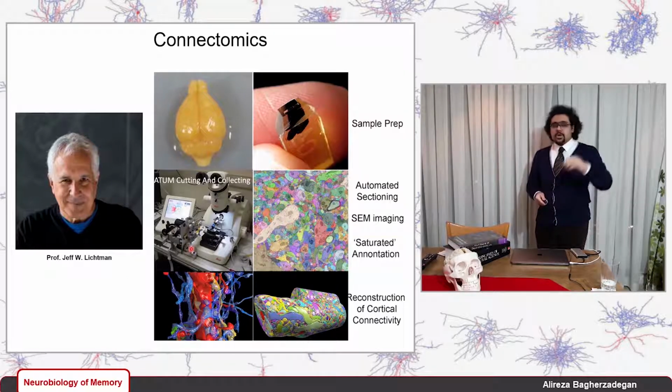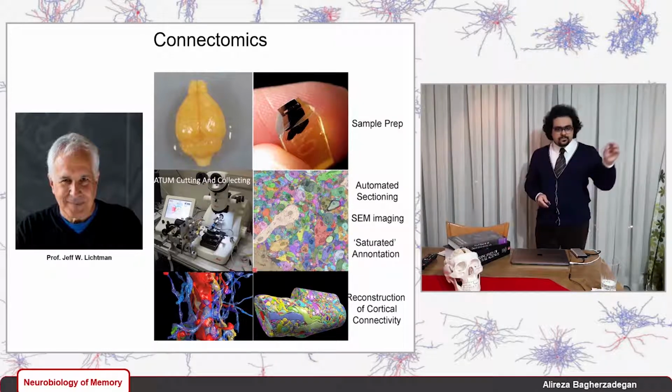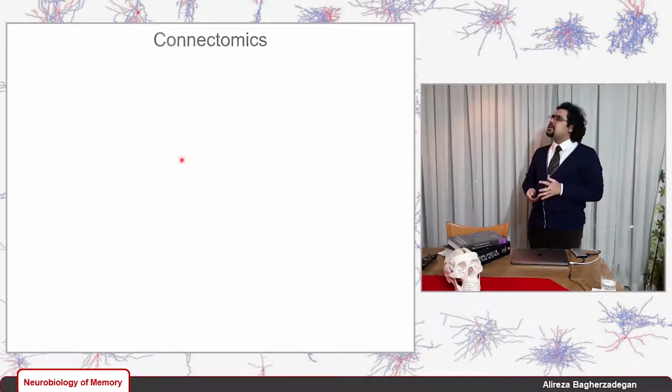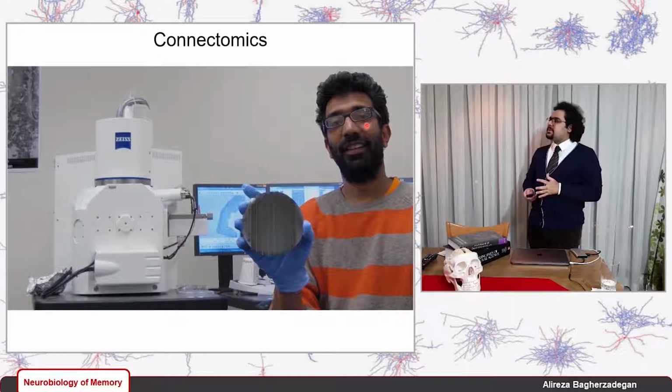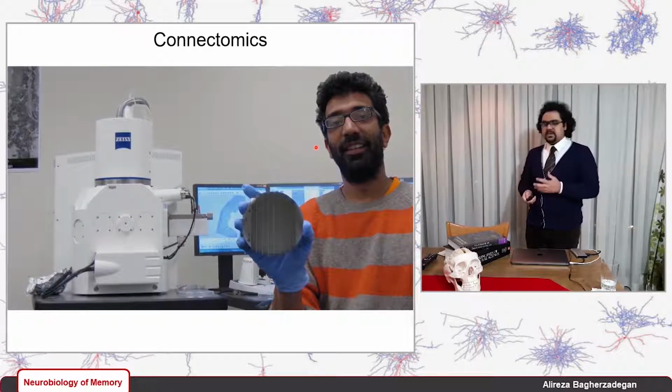And that computer software automatically reconstructs a 3D structure of cortical connectivity, of the wires of the brain, of synapses and axons and dendrites. There is a movie, actually, that I'm going to show you, because it's very hard to explain what they do. This is Bobby Kasthuri. I'm not sure about his last name, how to pronounce it correctly, but he's one of the leading scientists in the project of Connectomics.